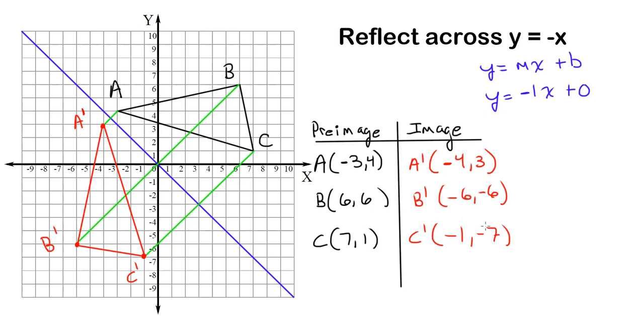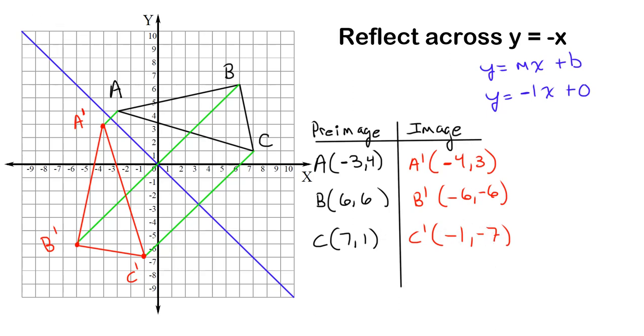But not only did they switch, but now both values changed their sign. So (-3, 4), they switched, but the positive 4 became a negative 4, and the negative 3 became a positive 3. The (6, 6), they switched, but they each became negative. And the (7, 1) switched, but the positive 1 became a negative 1, and the positive 7 became a negative 7.